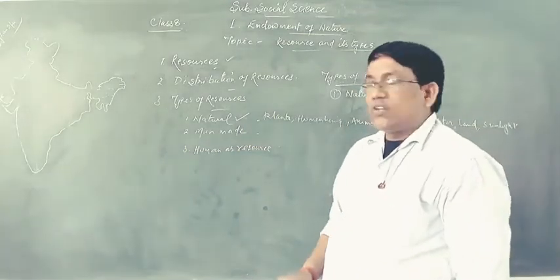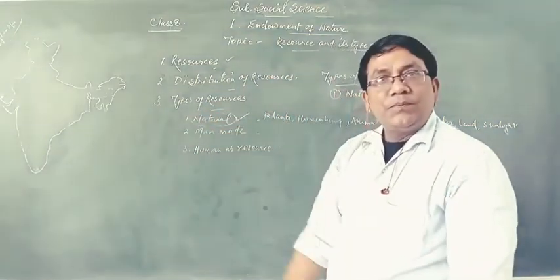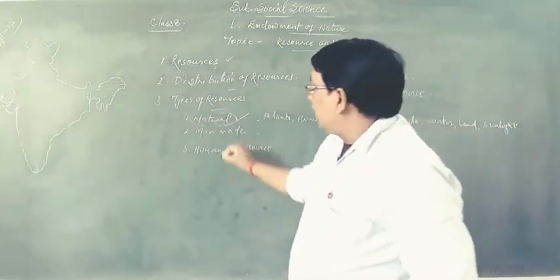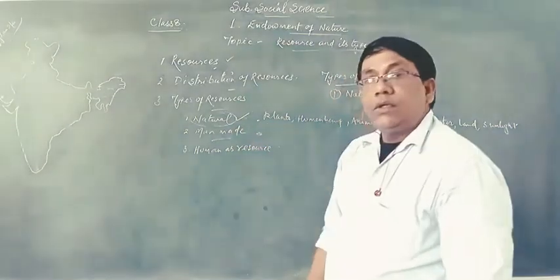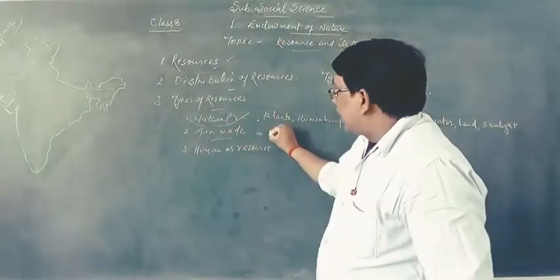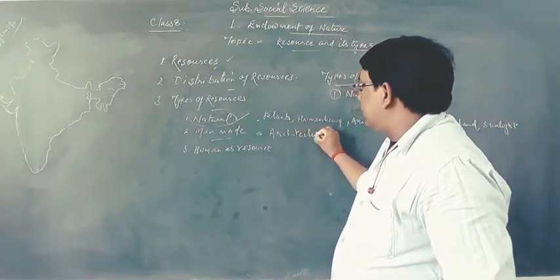Man-made resources are actually obtained from nature. Now the second type is man-made resources, actually made by human beings, like the architecture of the country.